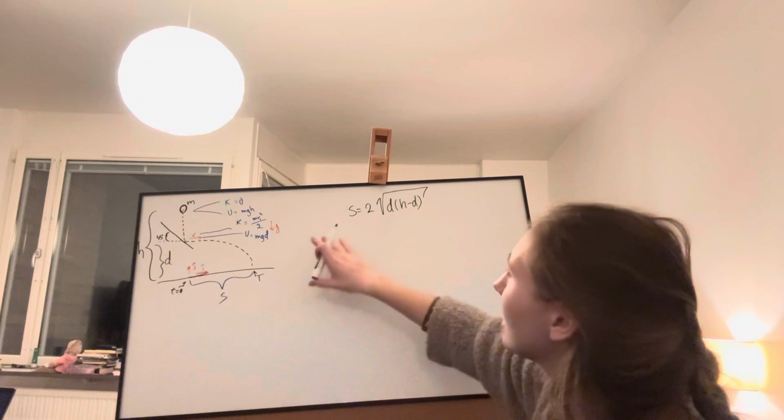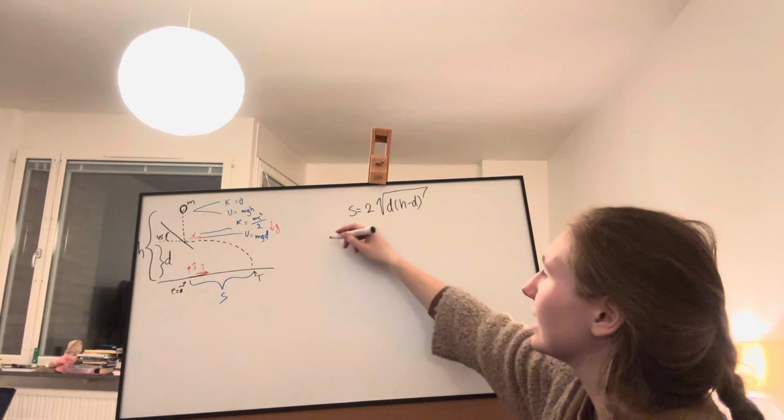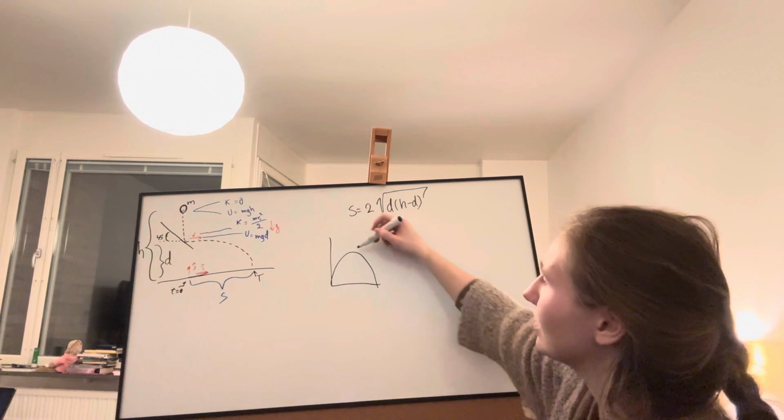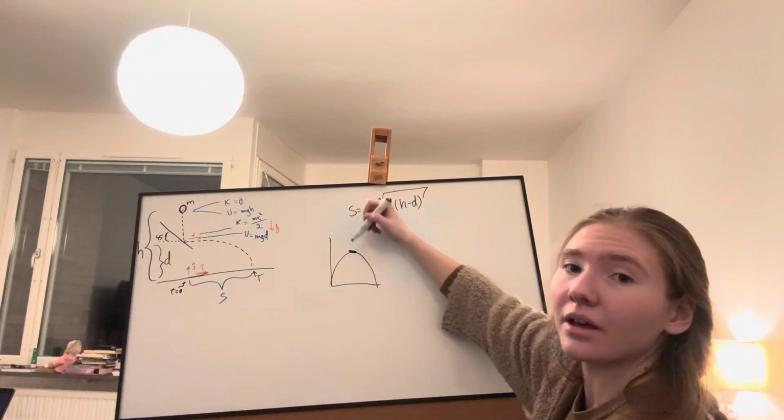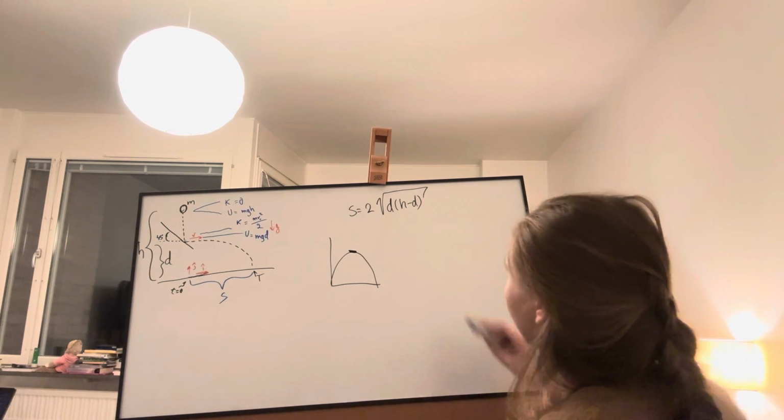We find the derivative. Why? Because we want to find a maximum. We want to find this point. And thus, we use the derivative.